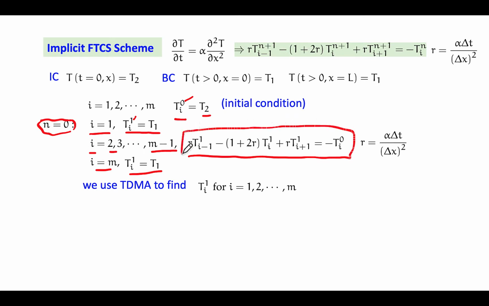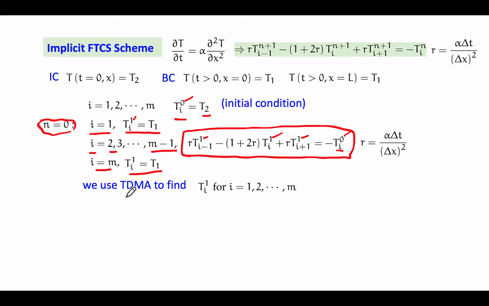That means r Ti minus 1 at time level 1, plus 2r Ti at time level 1, plus r Ti plus 1 at time level 1. And on right side, I have Ti 0, which is coming from the initial condition. So this is known. All three, Ti minus 1, i, i plus 1 on the left hand side, are unknown.